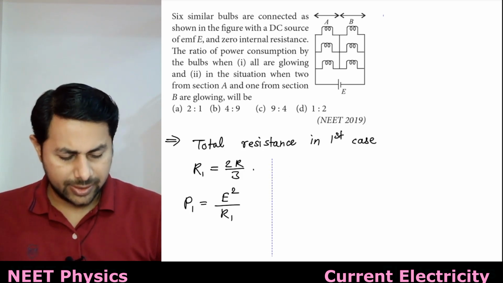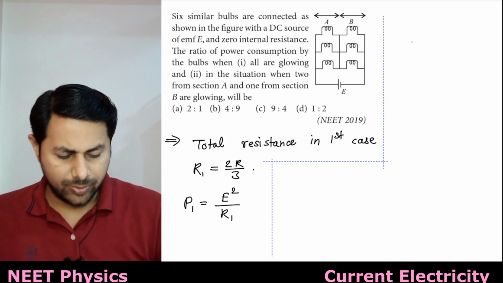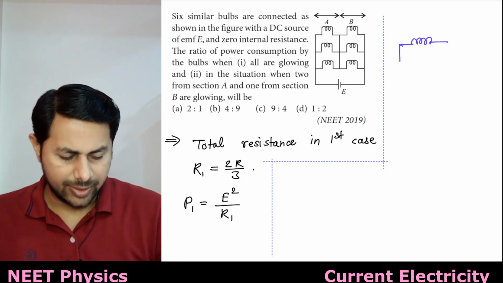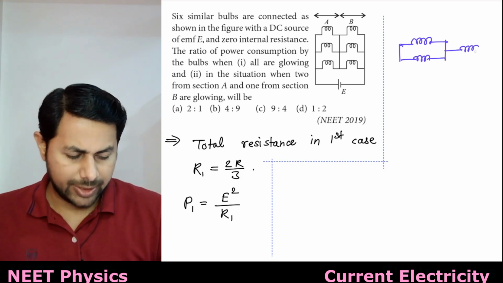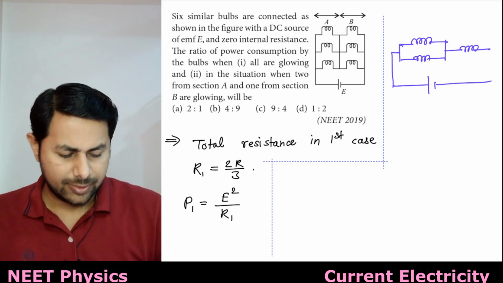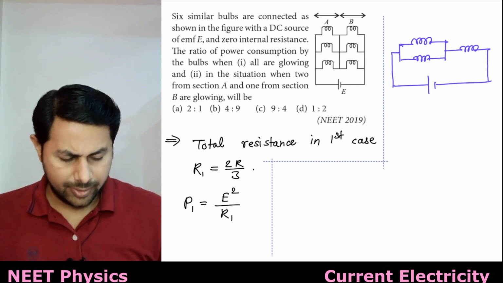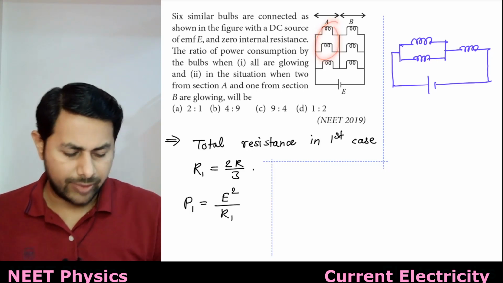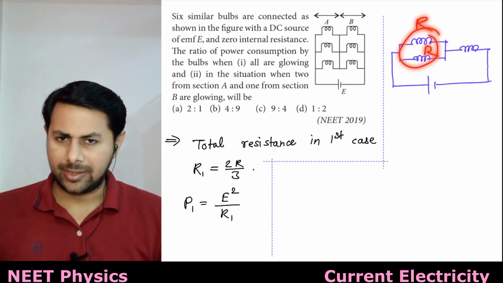Next is the second case. What's the second case? 2 bulbs from section A glow and 1 from section B glows. So it's like this: 2 from these glow, 1 from section B glows. So this is R, this is R, they are in parallel.